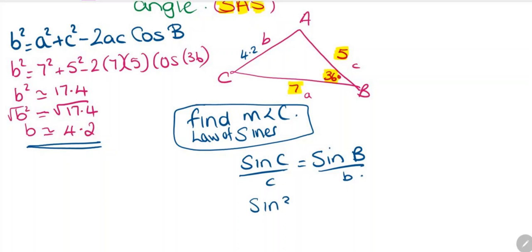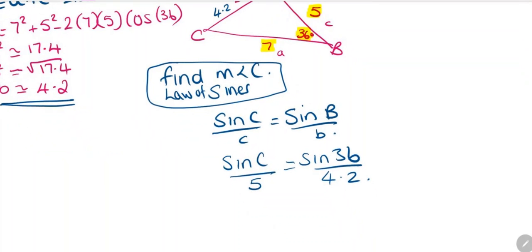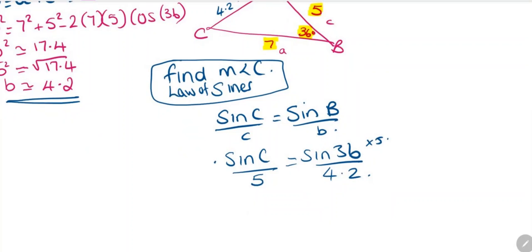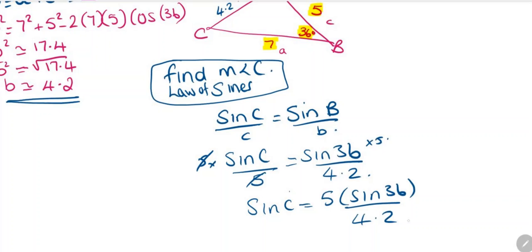Sine of C... little c is 5. Sorry, it's not 36, that's B. So sine of C, and that is sine 36 over b, which is 4.2.